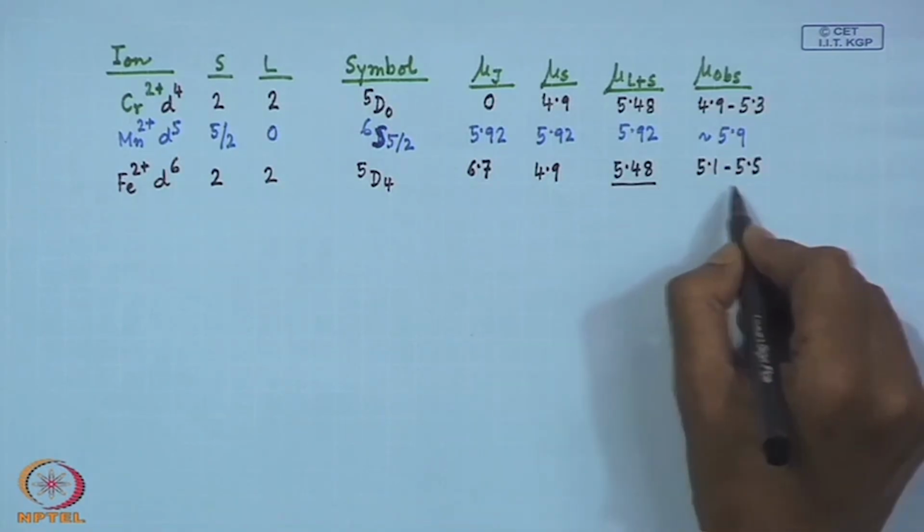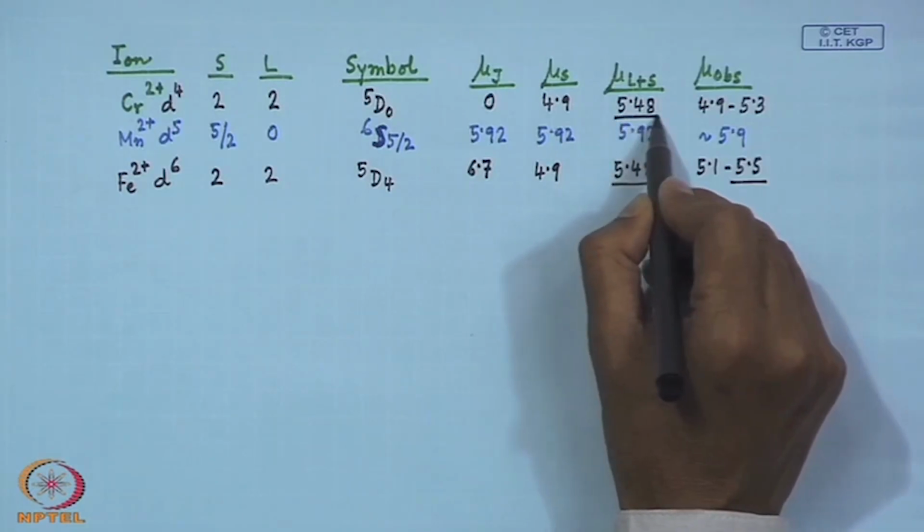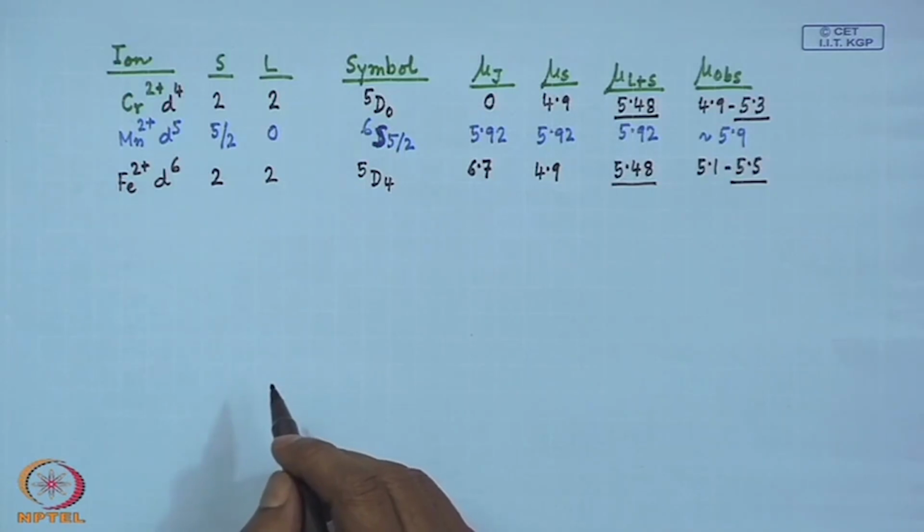So, again it is close to the corresponding mu L plus S value, like in the case of chromium 2 plus, which is closely related.